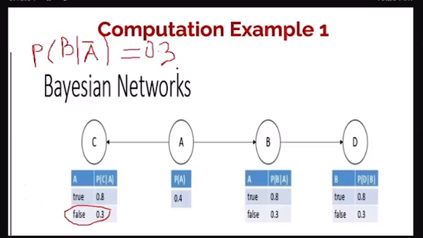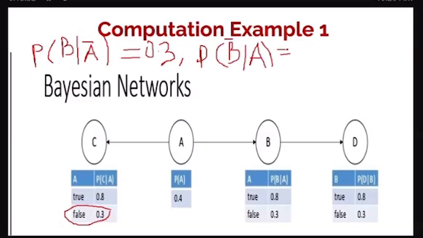Now, what if they ask you to find this? What is the probability of B complement given A? I need you to pay attention. Here you need the knowledge. You need your residual knowledge, what you've done before.